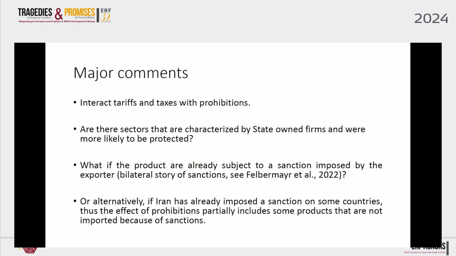And in addition, from the Iranian side, I think Iran has already imposed sanctions on these countries, and therefore the prohibition policy imposed by Iran in this case does not really reflect the effect of the prohibition per se, but also the effect of the sanction imposed by Iran, not by its partners.